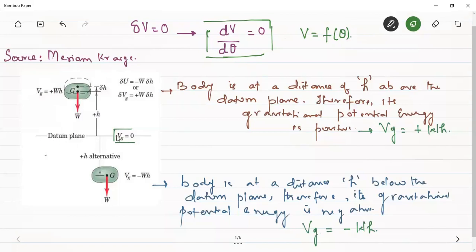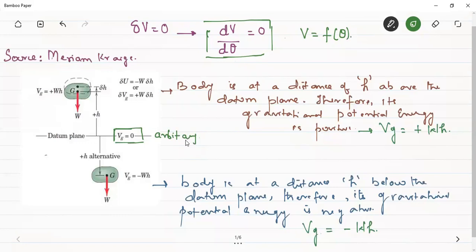On that datum plane we take the gravitational potential energy to be zero. This datum plane is an arbitrary plane. We can select it anywhere we want, and the potential energy of the system on that datum plane is taken to be zero.